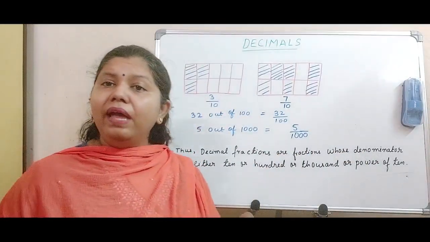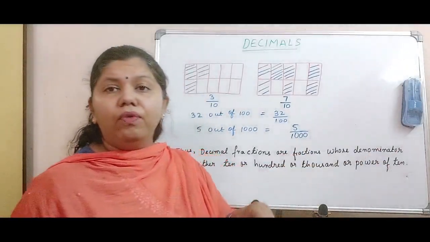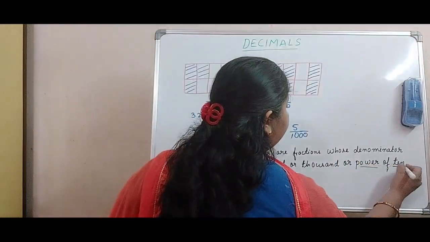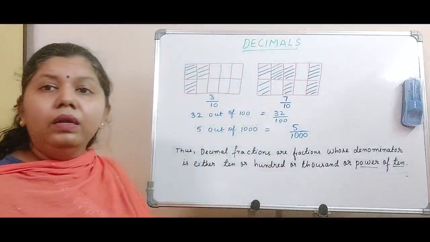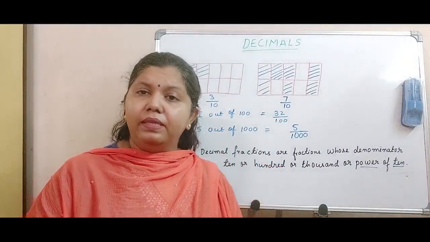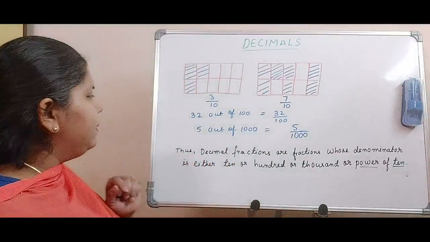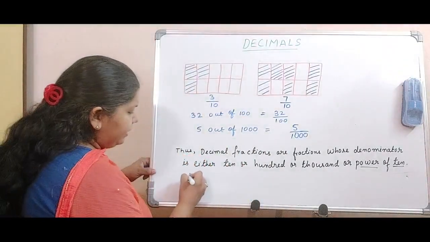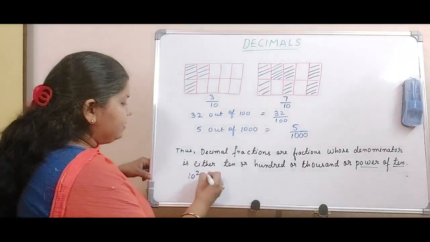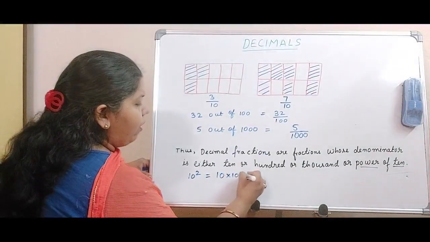Now you have learned about this thing. What is power of 10? What do you mean by this? Children, power of 10 means 10 multiplied by itself how many times. That tells about its power. For example, if you write 10 square, what does this mean? 10 is multiplied 2 times to itself to form 100.